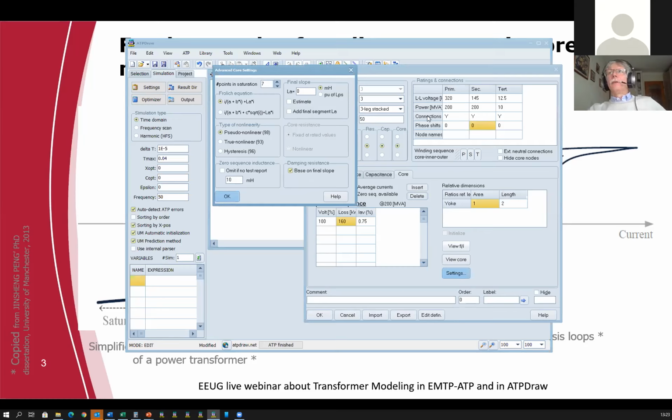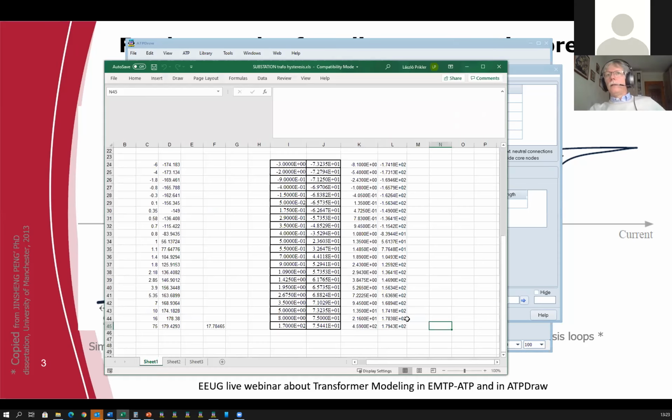As I said, if you are able to calculate the slope of the last section, you can enter this data directly here, either in per unit or in millihenry. If you work with XFMR, if you work with the type 93 hysteretic inductor, the slope is defined by the last 4 data points on the nonlinear characteristic.